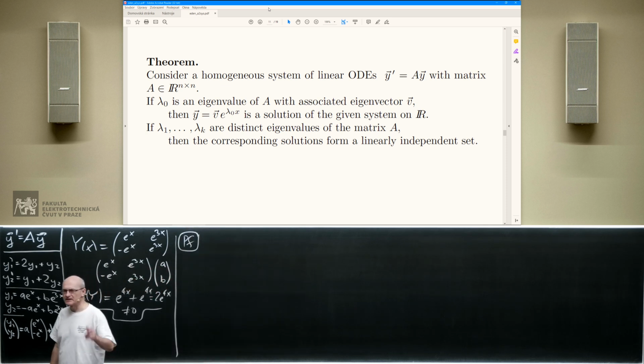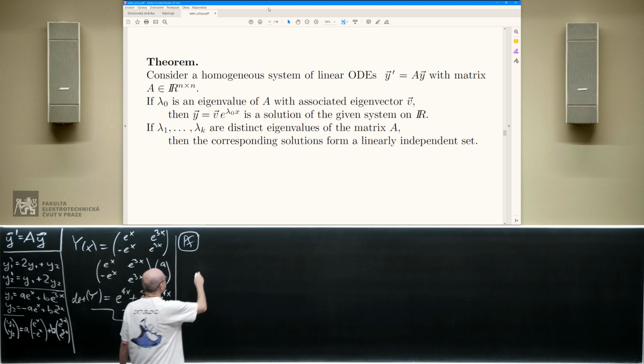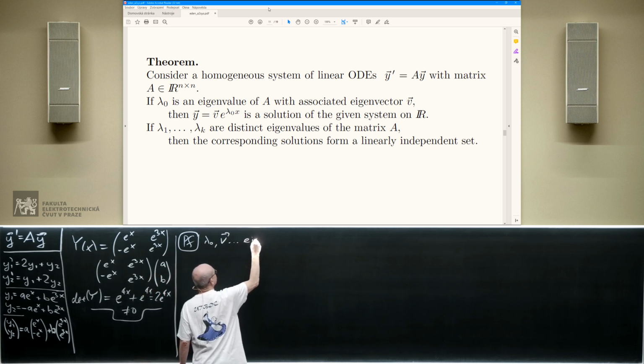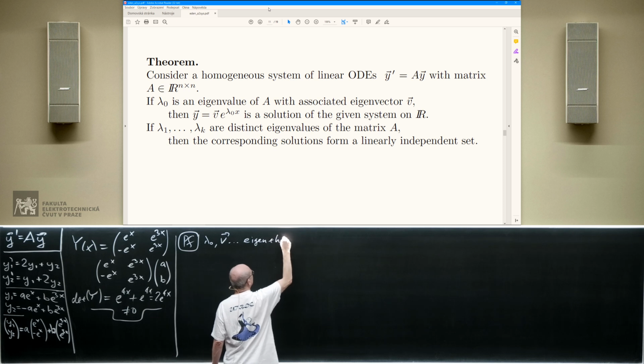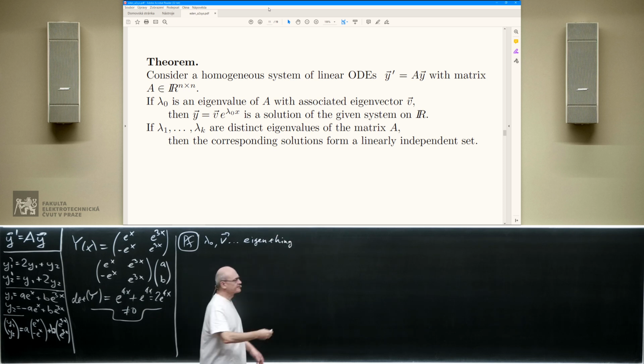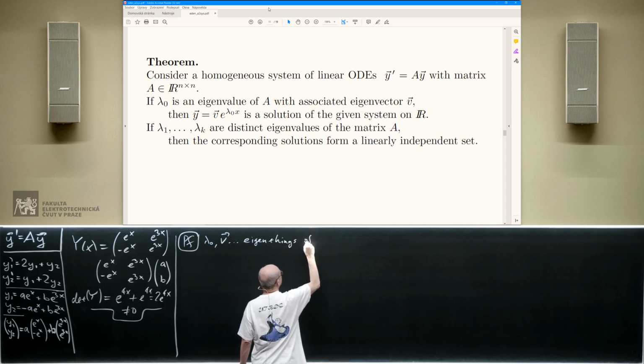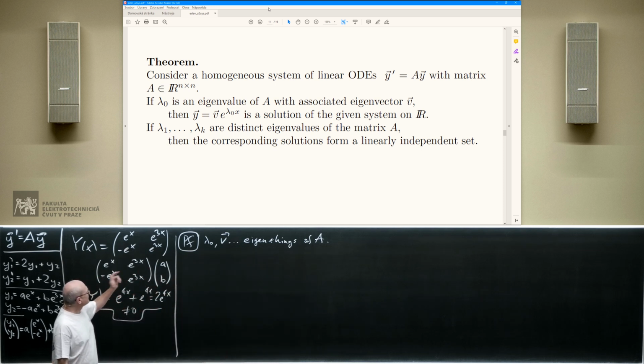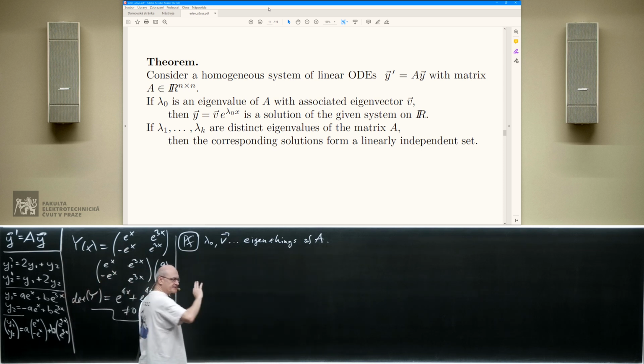Well, let's see. I have my eigenvalue and an eigenvector. Let me call them eigenthings. Okay, this is not really formal, but okay. Now, I claim, okay, let's think back.